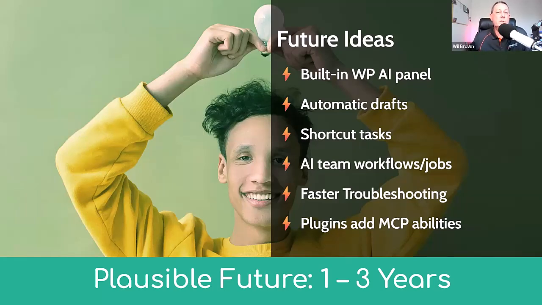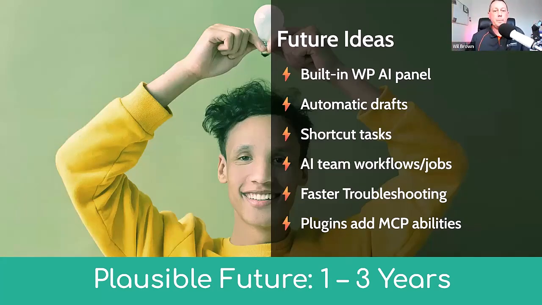Easier team workflows. So AI could help teams stay organized. For example, here, 5 pages that have out of date info, or this WooCommerce product needs new photos because it's been 2 years, and I just noticed that you've rebranded, things like that. So small jobs become a little bit easier. AI can see real website context, and it understands things in the context of your website and your business and the stuff that you're dealing with.